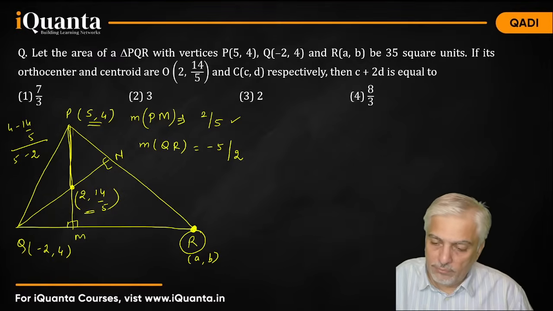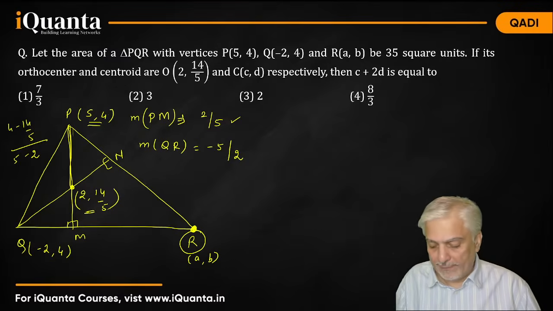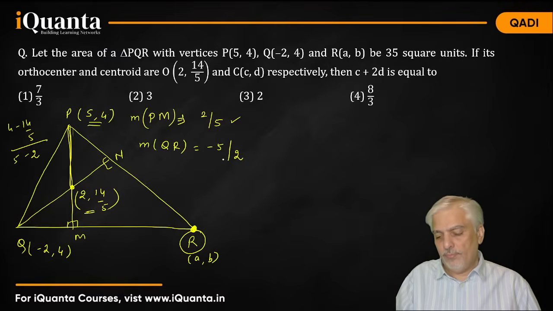Yeah, we can maybe think with a right angle triangle. I'll come to that logic also. Just wait. So, negative 5 by 2. Okay. And I have point Q, so I can find the equation of this line.